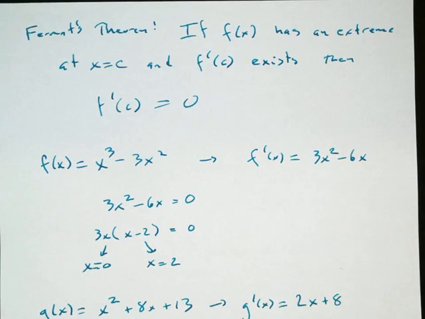If I know where the derivative is 0, that might not give me an extreme. That's a converse error, for those of you that have taken discrete math or formal logic, going the wrong way on your if-thens.